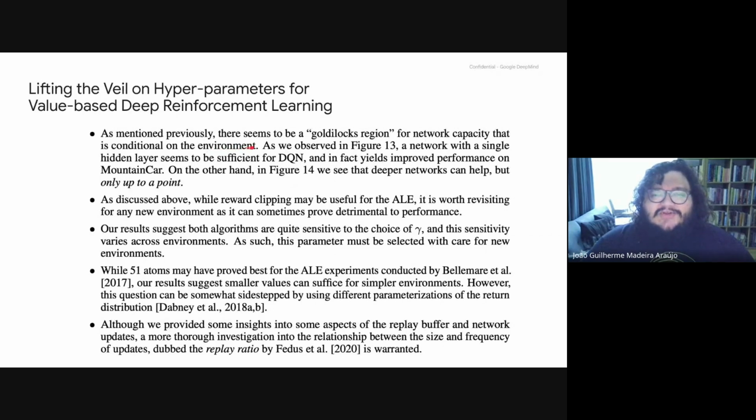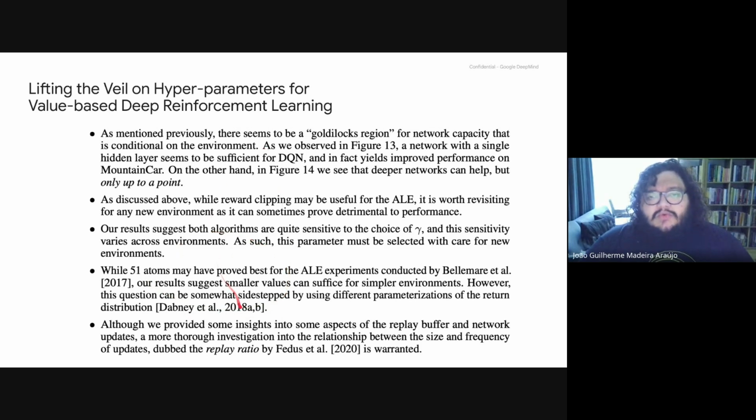Sadly, no, you can't just go scaling laws and be happy. If you increase your network too much, you get pretty reduced performance on some environments. We looked at reward clipping. We saw that gamma, the discount factor, was also pretty important.